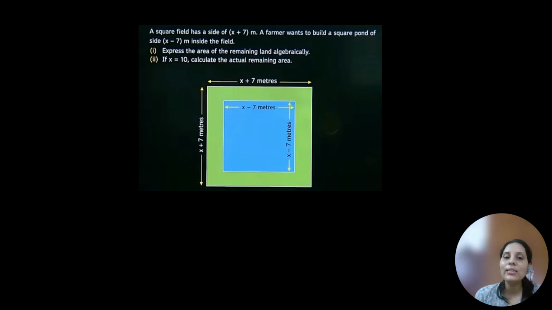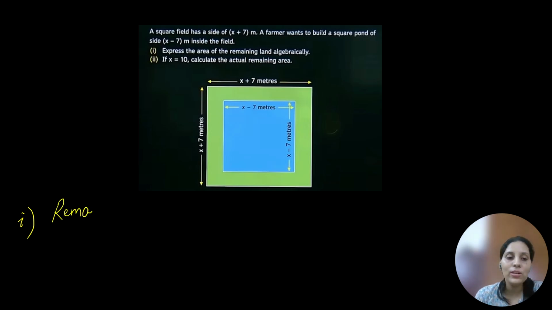See, inside the field, this is a pond, blue in color. The side is x minus 7. Express the area of the remaining land algebraically. Remaining land as in, blue color is the pond, so this green portion is nothing but the land. So how do I find the remaining land?